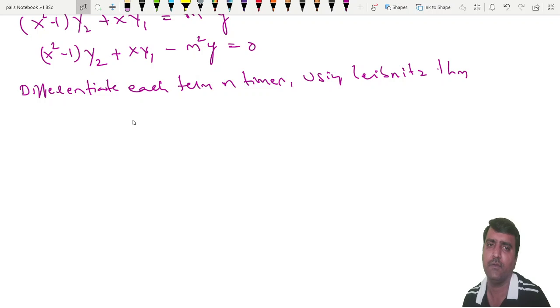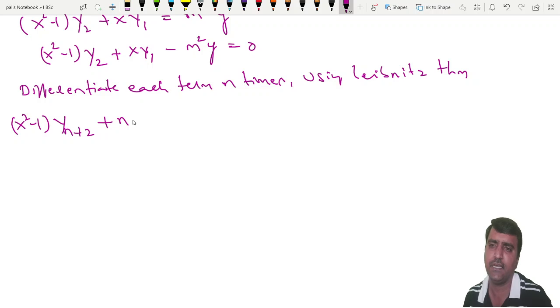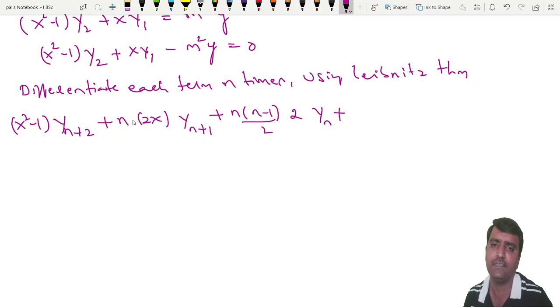Okay, then it is very easy. You take x square minus 1 into y(n+2) directly. Next step it is n, differentiation of x square minus 1 is 2x, reduce one number here, it is y(n+1). Next step it is n into n minus 1 by 2, differentiation of 2x is 2, and reduce one number here, it is yn. When we get a constant here, its nth differentiation is over.